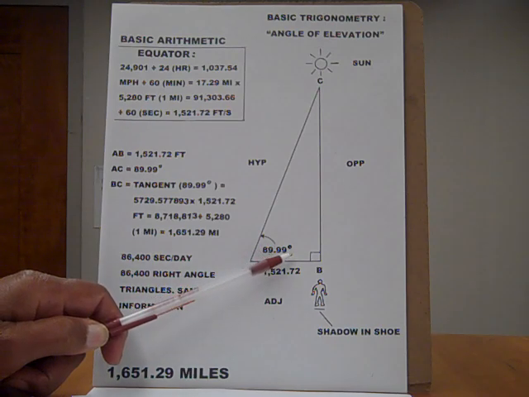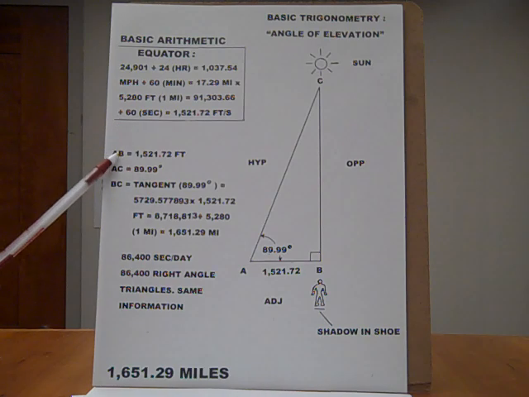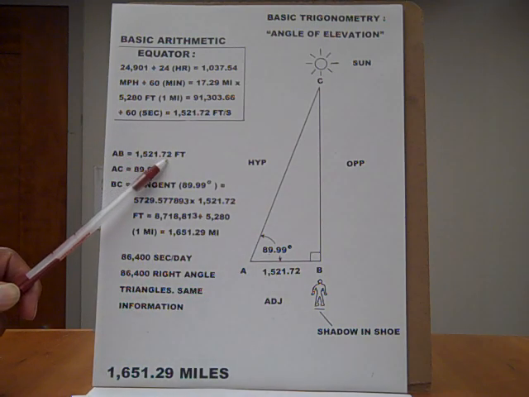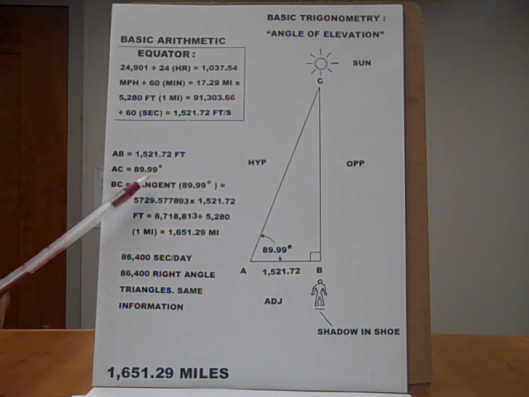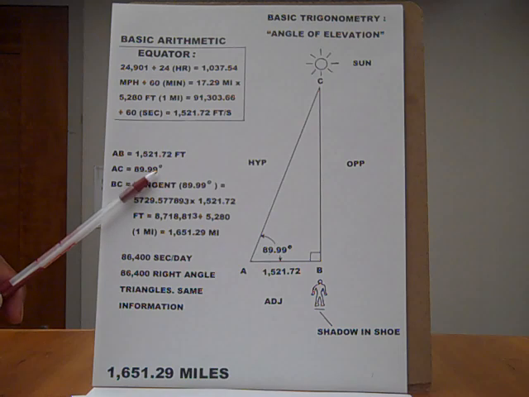89.99 degrees is used, which will be explained in a few minutes. 89.99 degrees is used. Hence, A to B is 1,521.72 feet. A to C is 89.99 degrees.